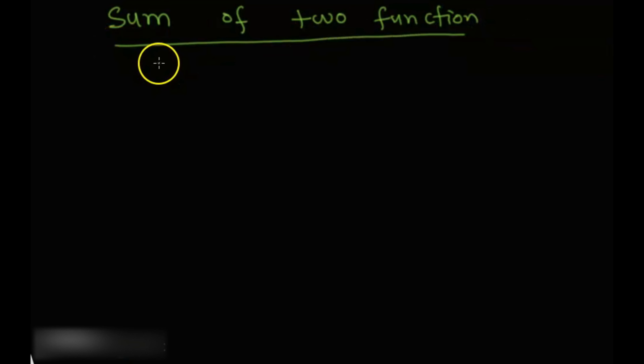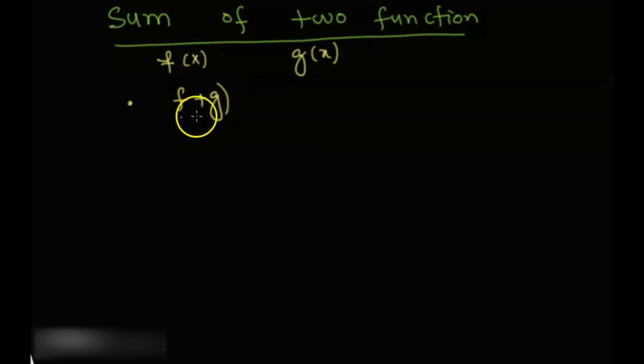As we have already discussed, if we are given two functions f of x and g of x, then their sum is defined by f plus g. When we operate it on x, we get f of x plus g of x.